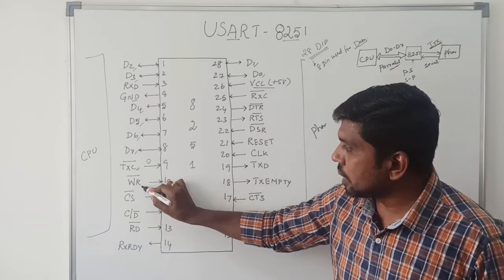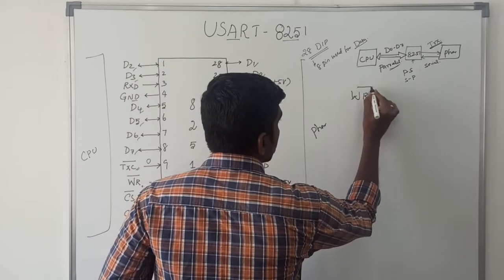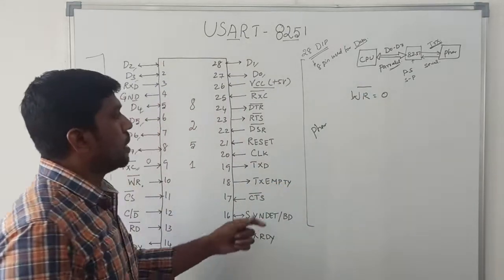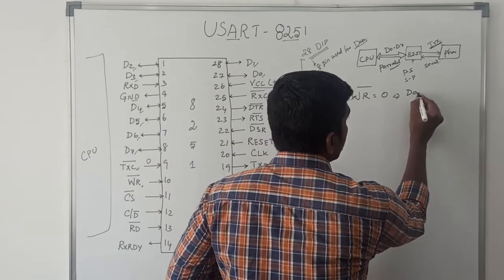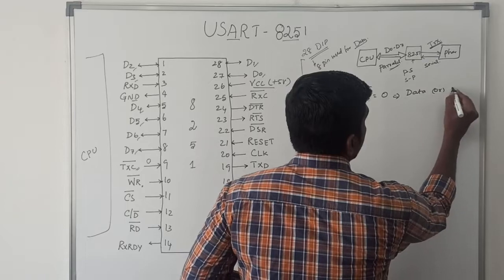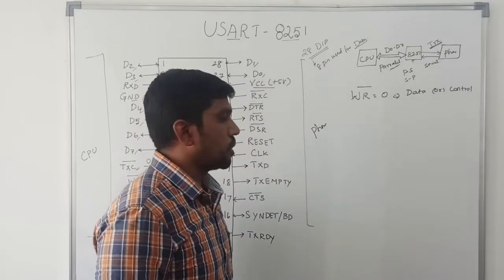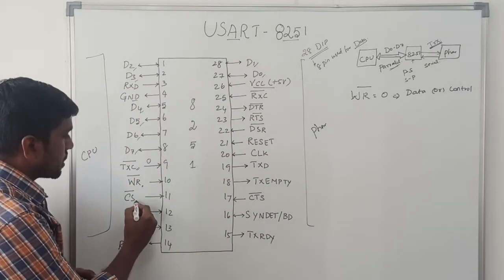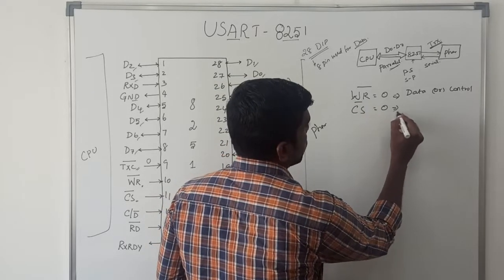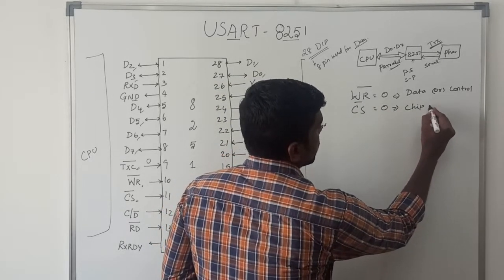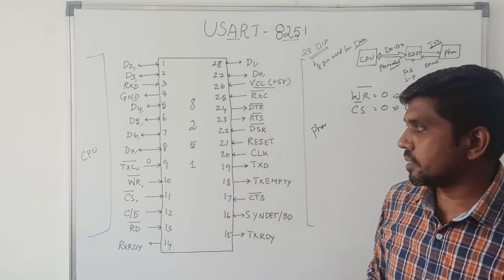Next, pin number 10, WR bar. WR bar is the write signal and it is active low. When WR bar equals 0, it writes the data or control word. Next, CS bar, which is chip select. It is also active low, and it selects the entire chip.